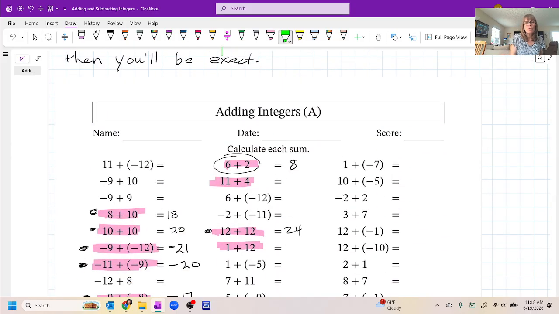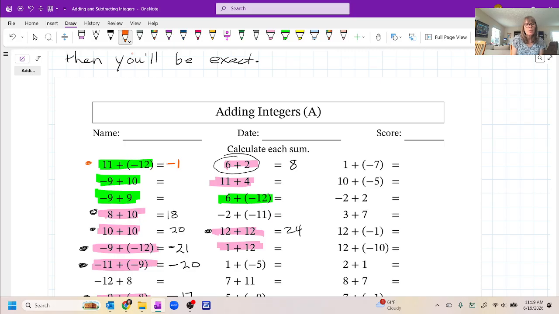So when I'm looking at some of those, here are ones that have different signs, different signs, different signs. Ooh, those have the same sign. So when I look at this first one, the 11 and negative 12, I can see right away that it's going to be a negative number because I have more debt than I have money. So I have $11, but I have $12 of debt, so I don't have enough money to cover my debt. I'm going to be down $1.